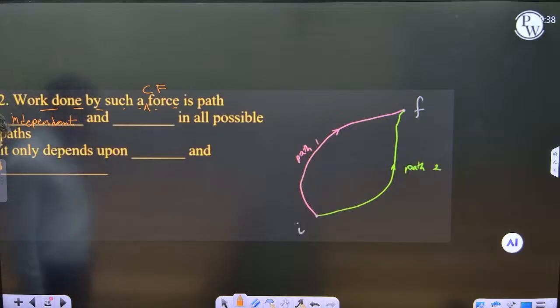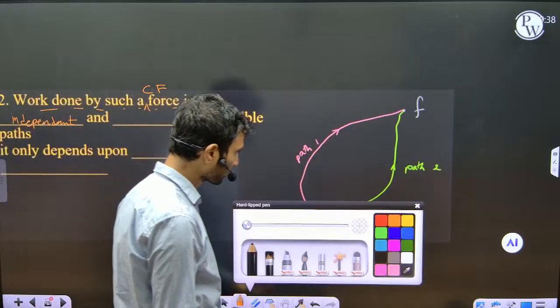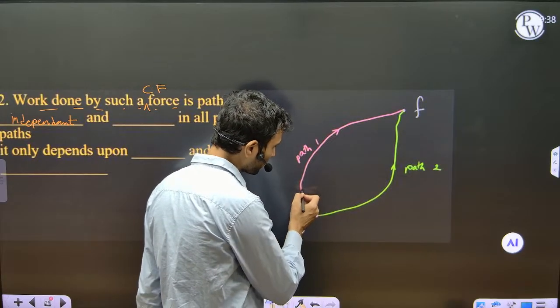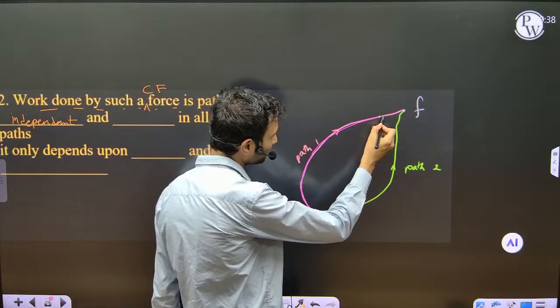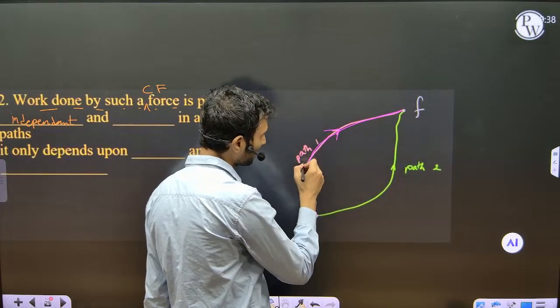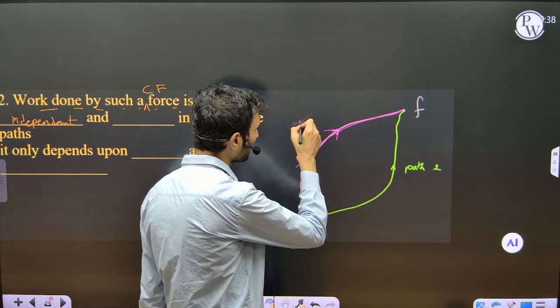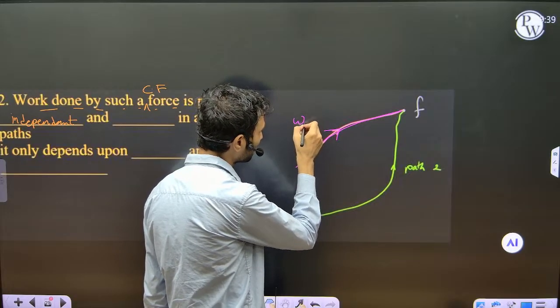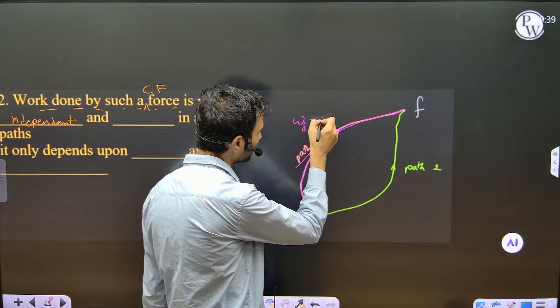What does it mean? Let us say you go from this point to this point taking path number 1, and the work done by the force is, let's say, W1.